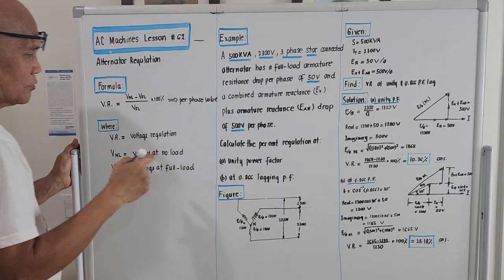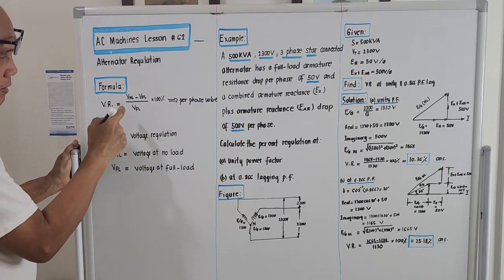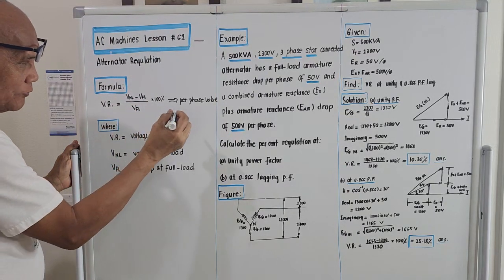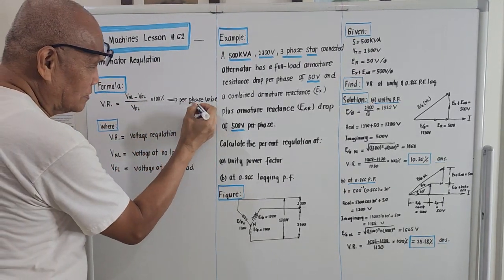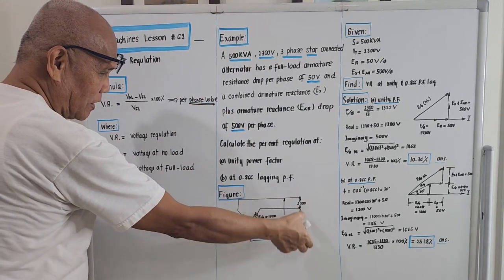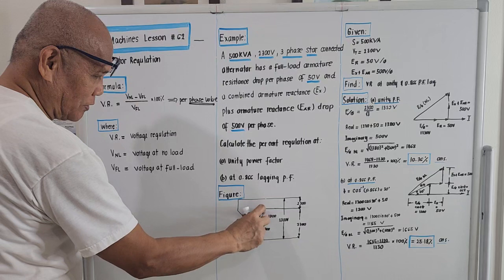So in order for us to use this formula, the values of the voltages involved here will be on the per phase basis. It's not on the terminal voltage or the line-to-line voltage. It should be the per phase voltage of each winding.